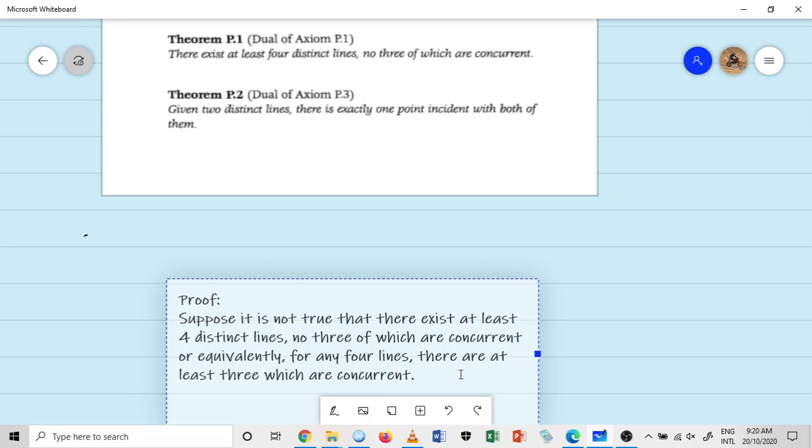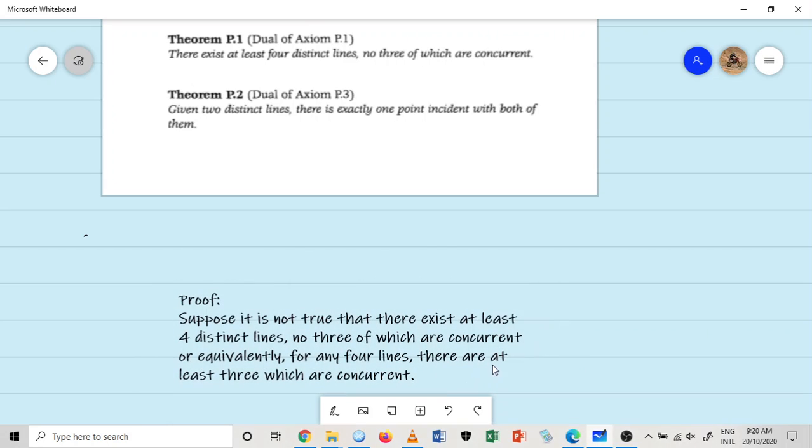Okay? Because it means to say that it is impossible for four lines in which no three intersect at a single point. This is what the negation of the theorem means.